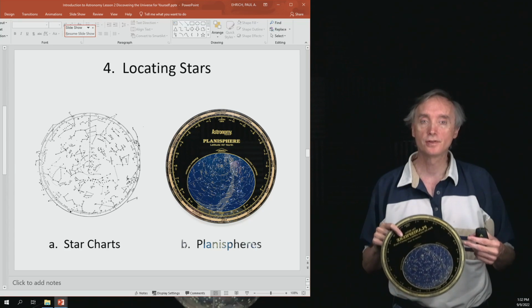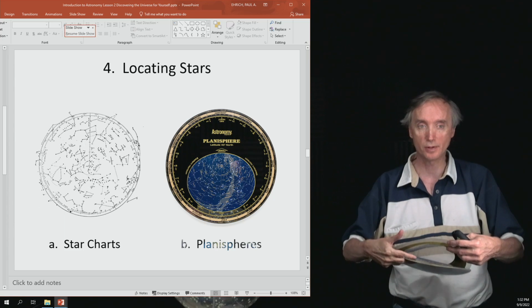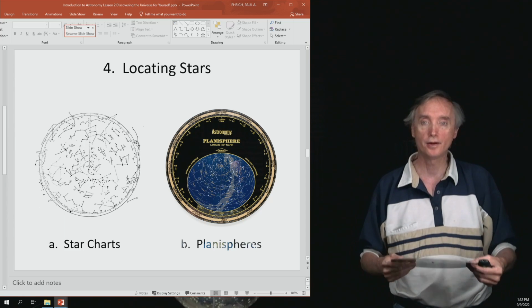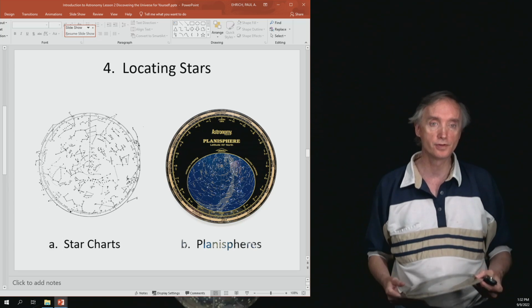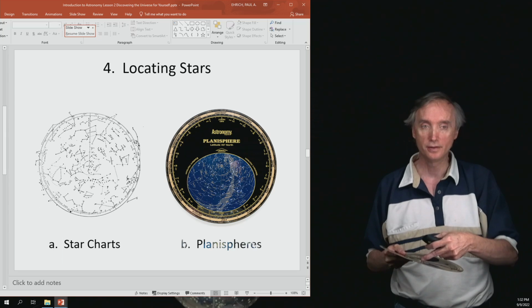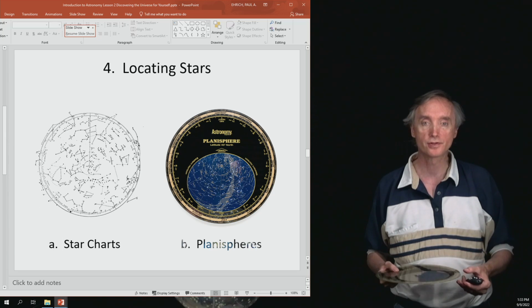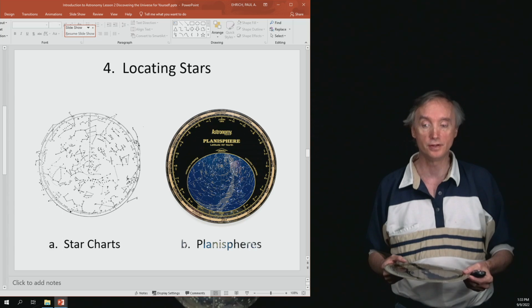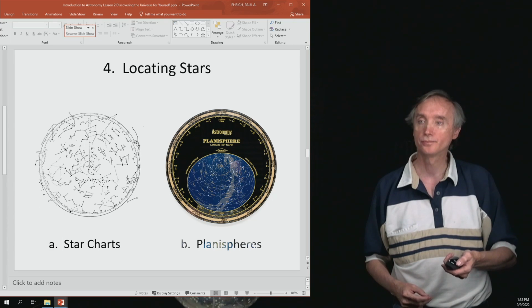So you'll notice that if I was to take this plastic top off of this, I would get all the constellations, and it would be equivalent to the star chart. But by putting this little window on there, that narrows it down to what constellations are available at certain times and dates of the year. So that's how a planisphere works.